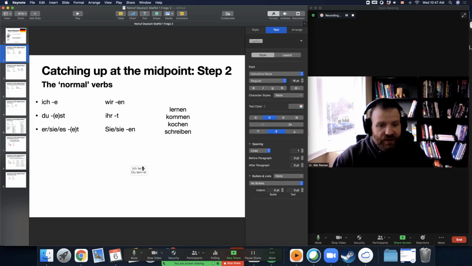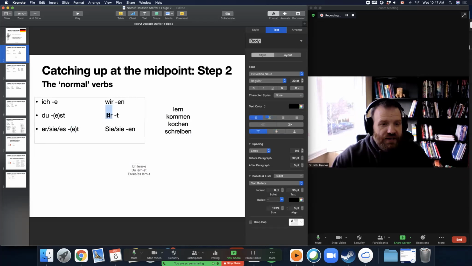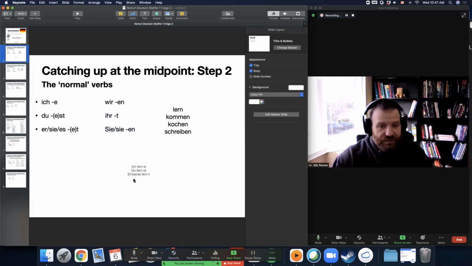So see what we did? We took the en of lernen and we gave it the ending from the chart. So ich lerne, du lernst, er, sie, es lernt, and so on. Wir lernen, ihr, you guys learn, ihr lernt, sie lernen. So that is how normal verbs work.